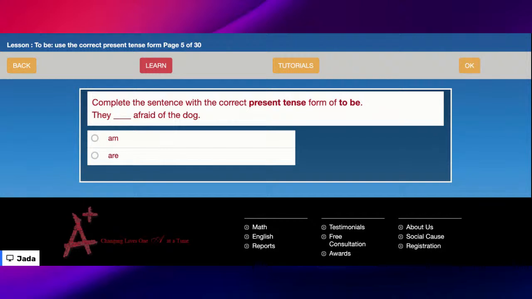They dash afraid of dogs. And then this one.